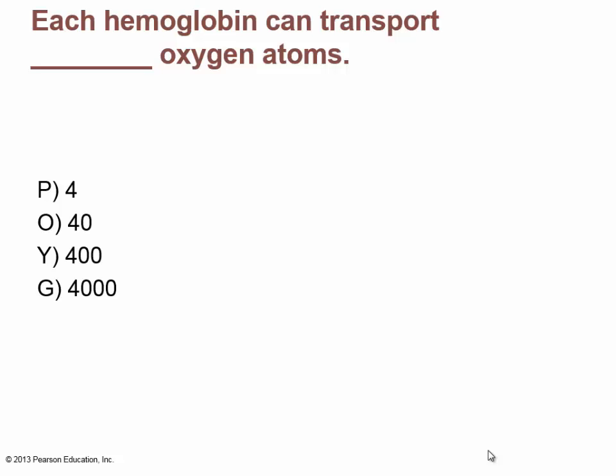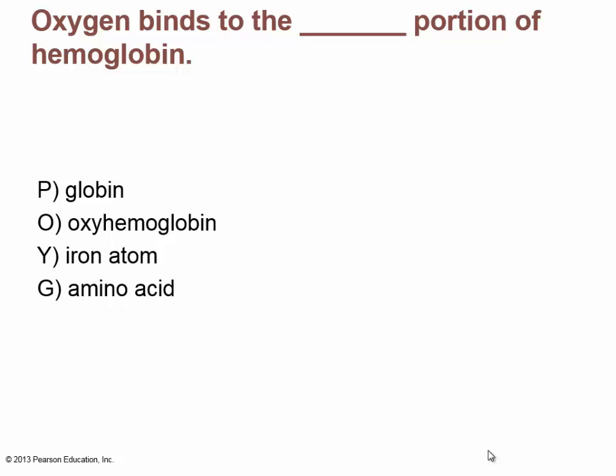Each hemoglobin can transport how many oxygen atoms? Just 4. One hemoglobin carries 4. Each heme picks up 1. Oxygen binds to what part of hemoglobin?